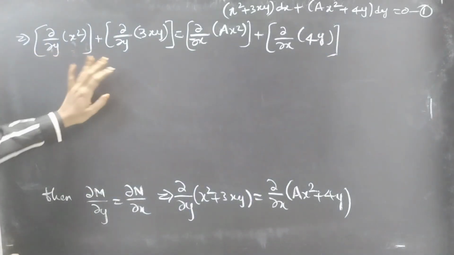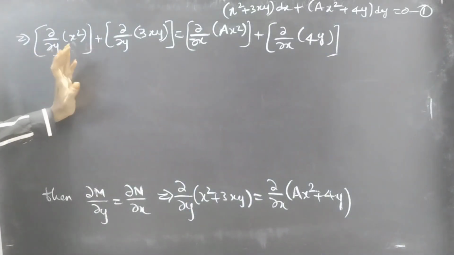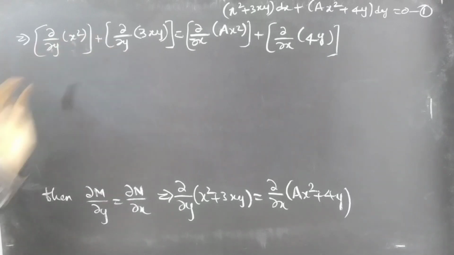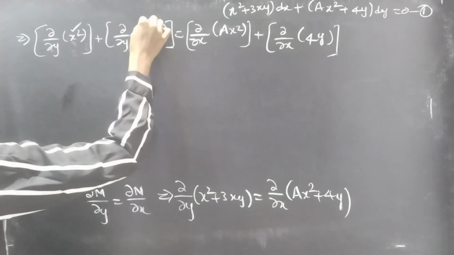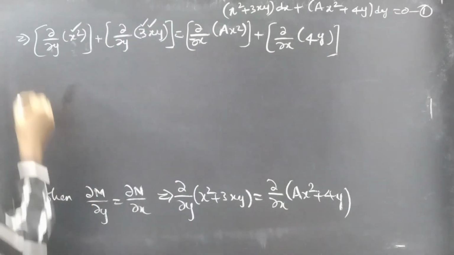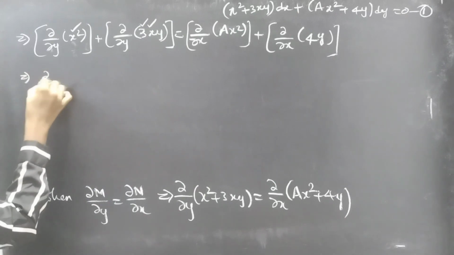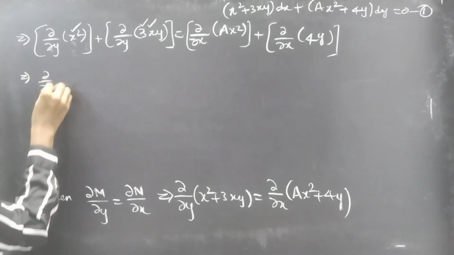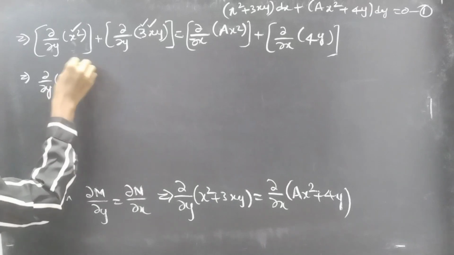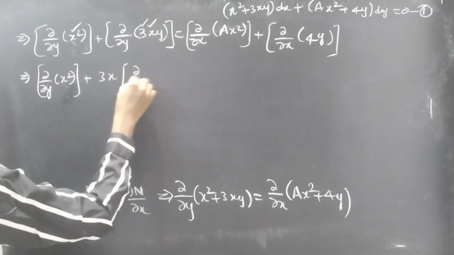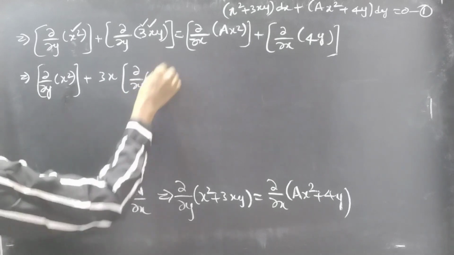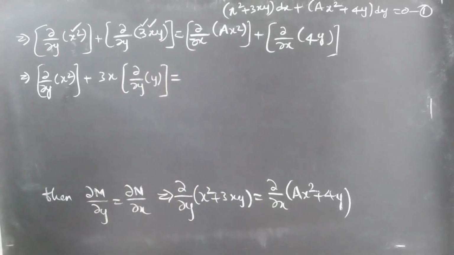In LHS part, we'll do partial differentiation with respect to y. So here x is treated as constant. So in the first term of LHS, x square is constant. In the second term of LHS, 3x is constant, right? So we'll write this as dou by dou y of x square plus 3x into dou by dou y of y, right?